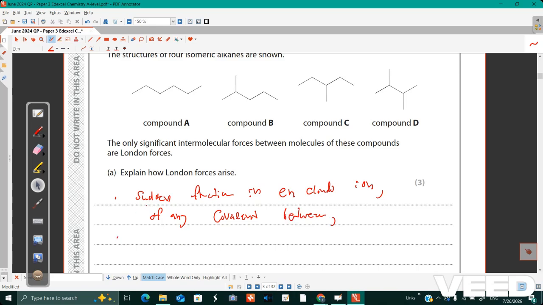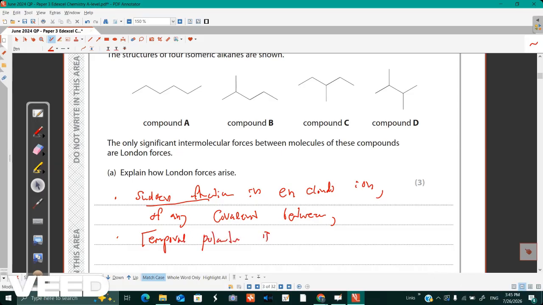Because of these fluctuations, a temporary polarity is formed between the two atoms.